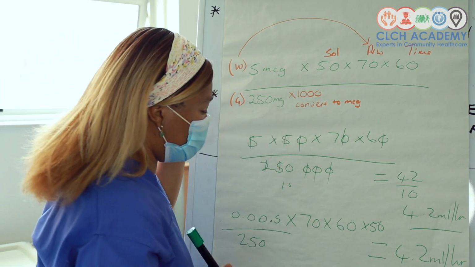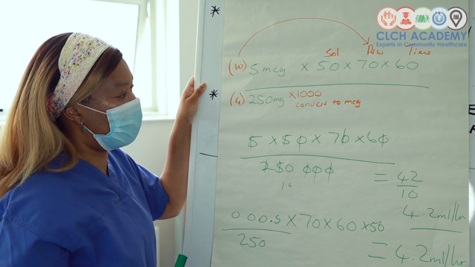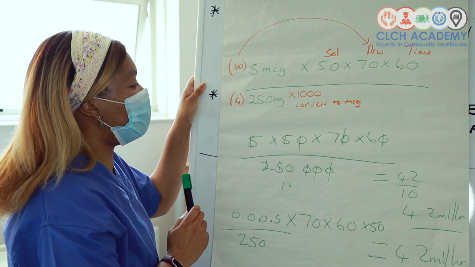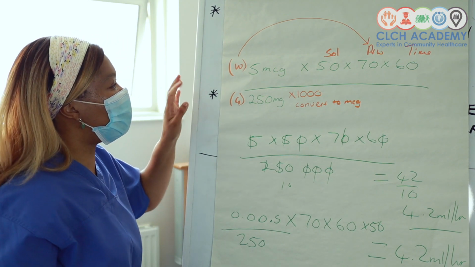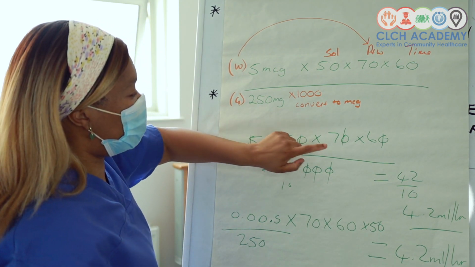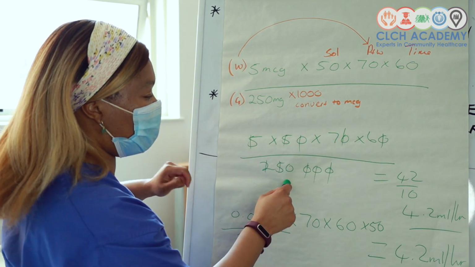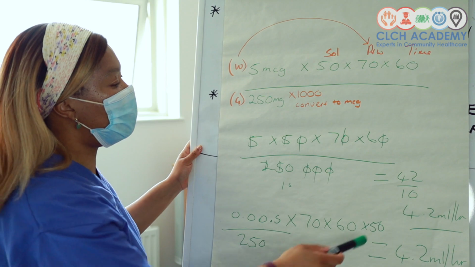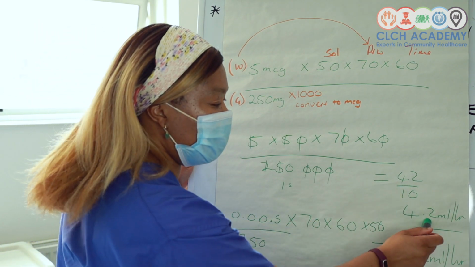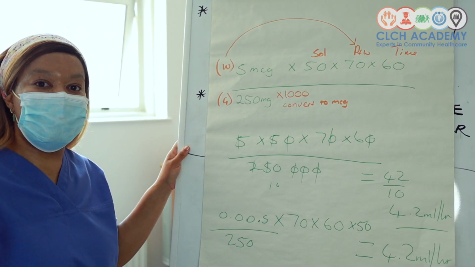So again, user's choice. You may choose to convert that to micrograms, in which case it becomes 250,000 micrograms. So it's 5 times 50 times 70 times 60 divided by 250,000 micrograms. Simplified, it's 42/10, giving you the answer 4.2 mils per hour.